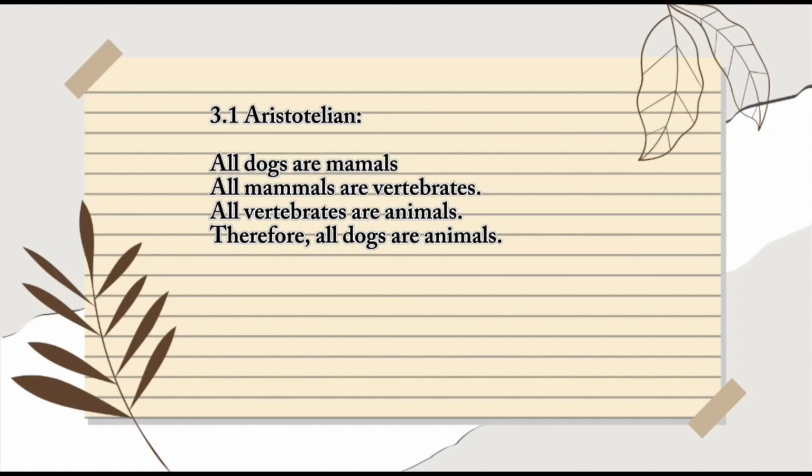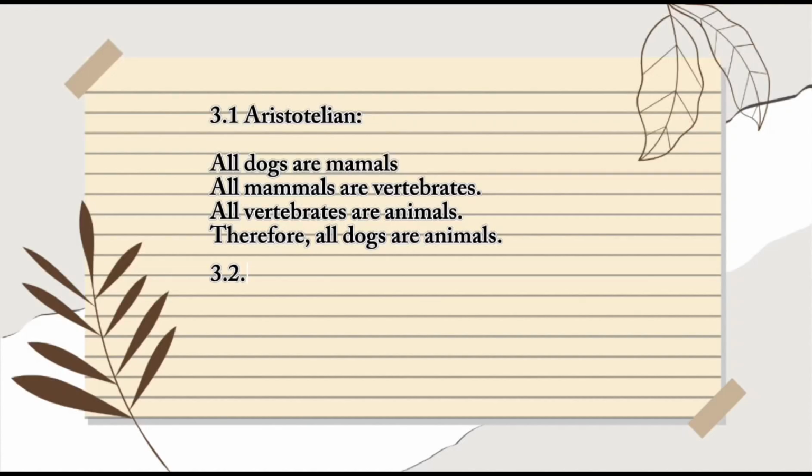So the predicate of the first proposition becomes the subject of the second proposition, and then the predicate of the second proposition becomes the subject of the third proposition, and the conclusion is the subject of the first proposition, and the predicate of the conclusion is the predicate of the third proposition. So each premise builds upon the previous one, leading to the final conclusion. So hope you understand.